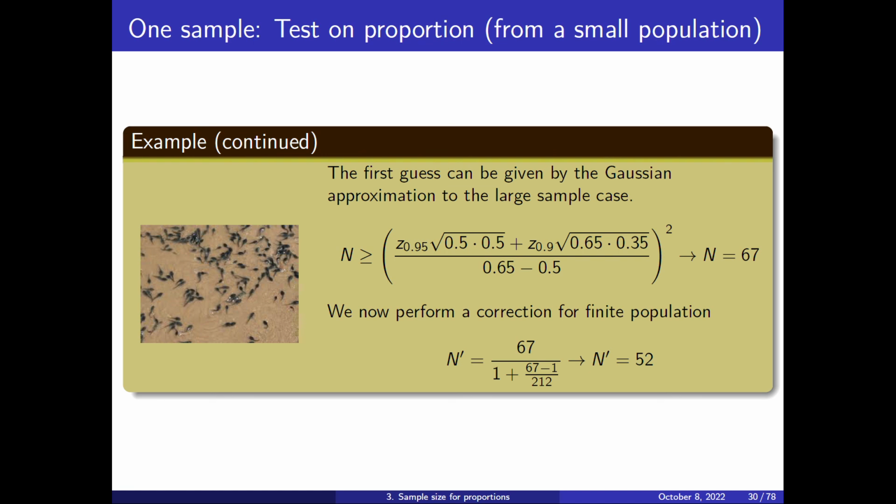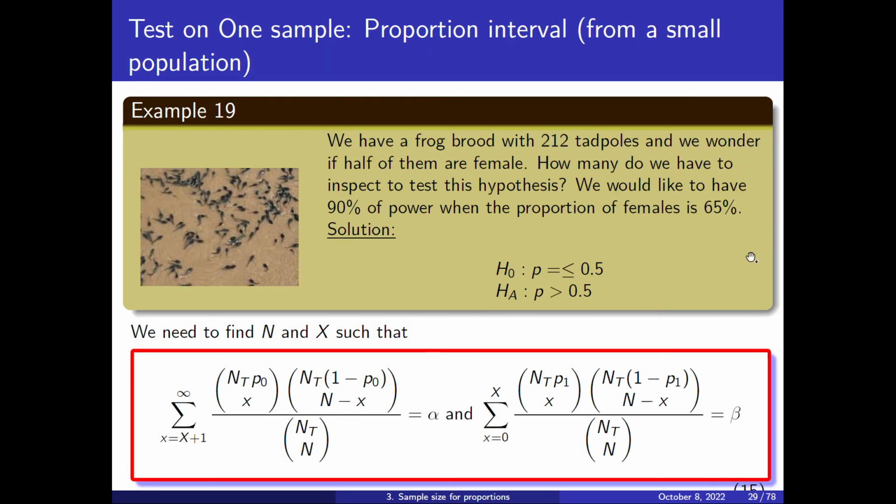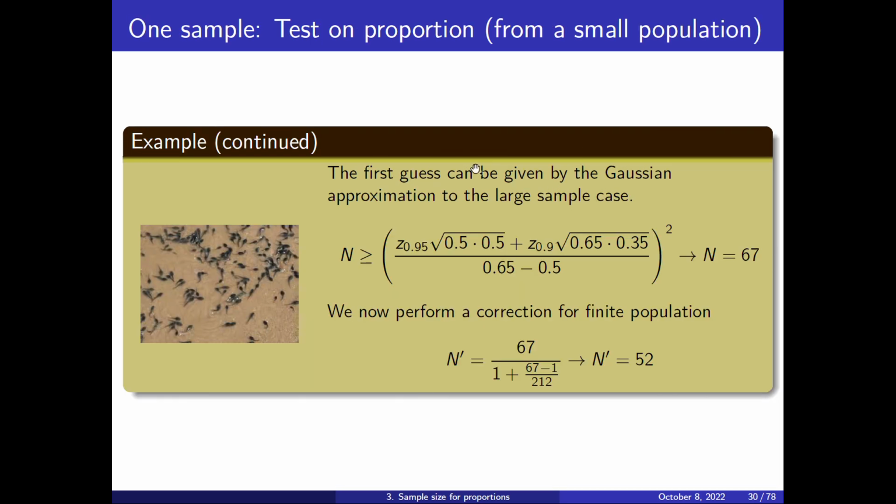We can use the approximation for a large sample. For a large sample we already know how to compute it. It is 67, and because we know that 67 is a large fraction of the total pool, we can make the finite population correction.